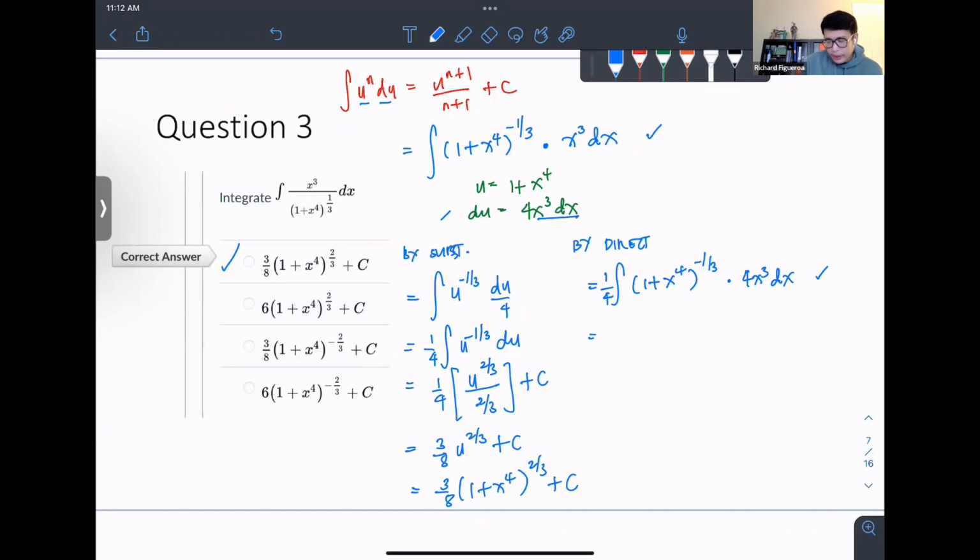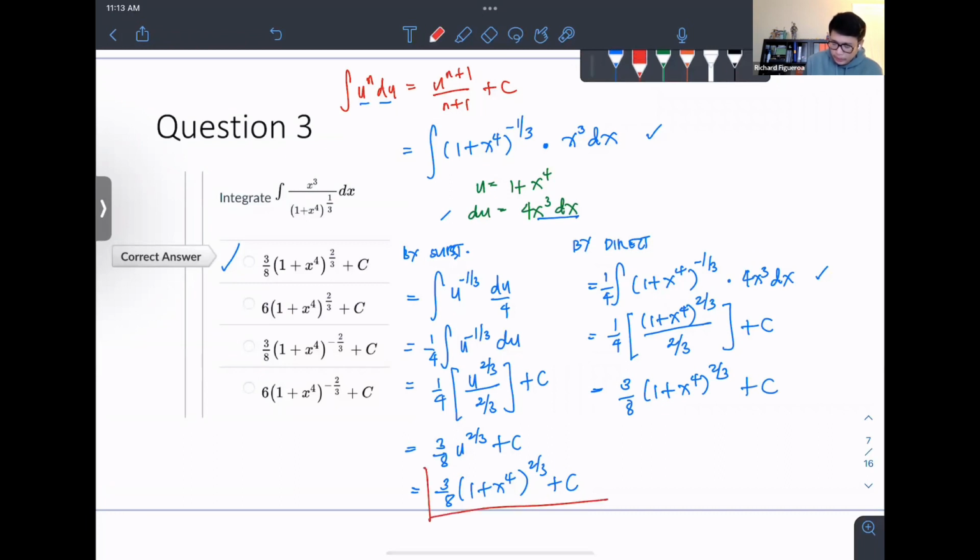Afterwards, we can now use our formula. That is 1/4 multiplied by u raised to n plus 1. Our u is 1 plus x to the 4th, negative 1/3 plus 1 would be 2/3, all over 2/3 plus c. That would be 3 over 2 times 1/4, which is 3 all over 8, multiplied by 1 plus x to the 4th raised to 2/3 plus c.